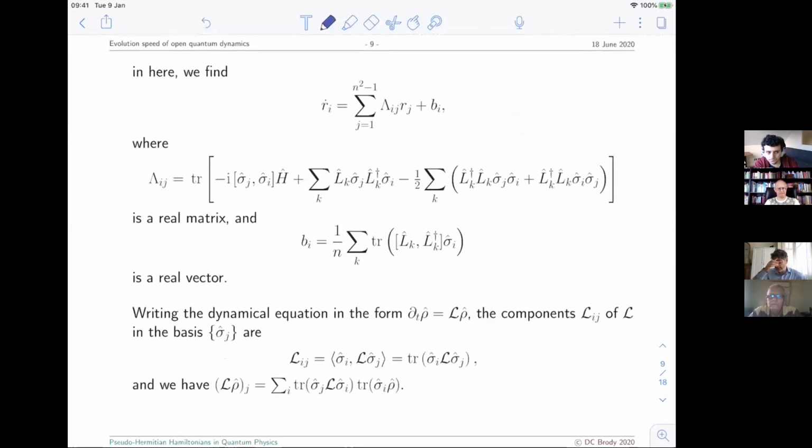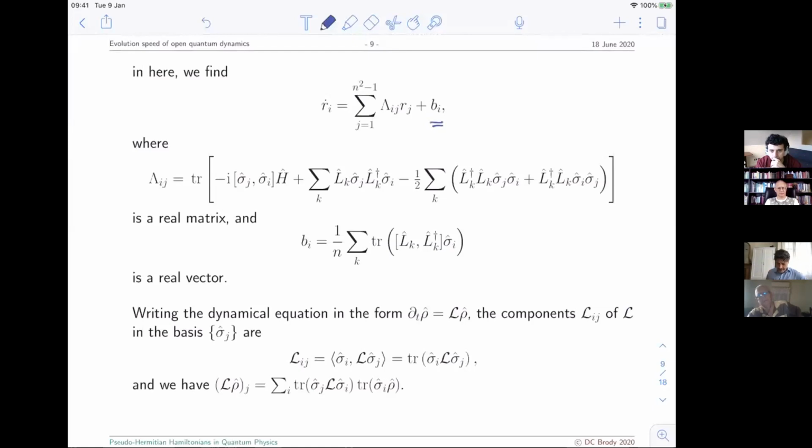So R dot is a vector B plus a matrix lambda acting on R, okay? Where the lambda matrix is given more specifically by this long expression here, and likewise the B vector is given as on the page, okay?